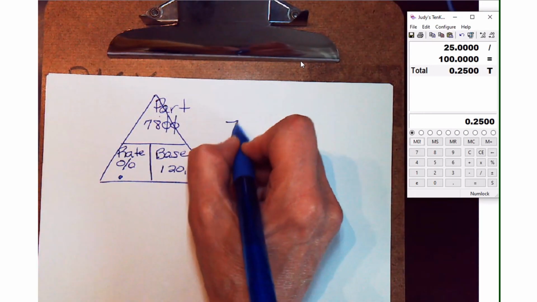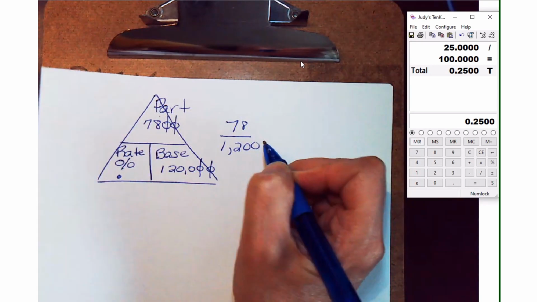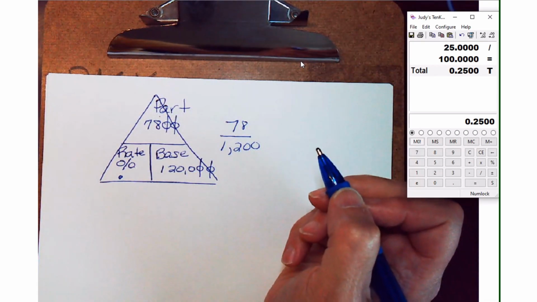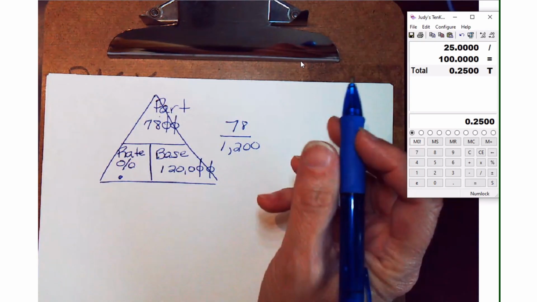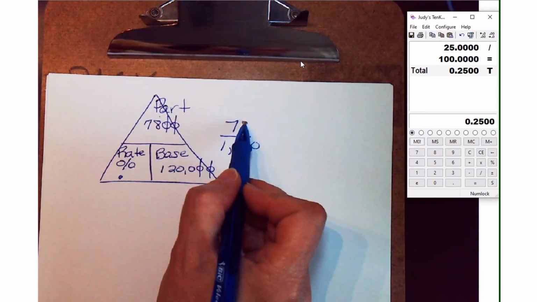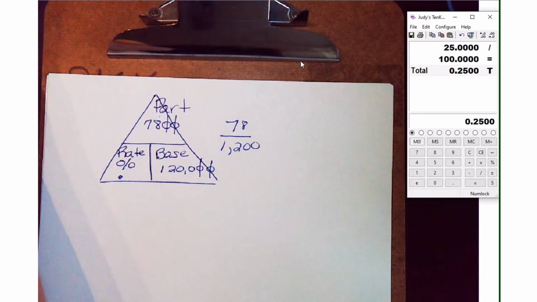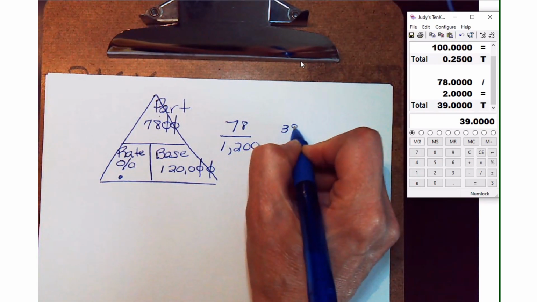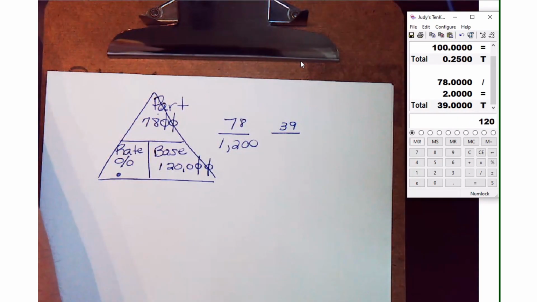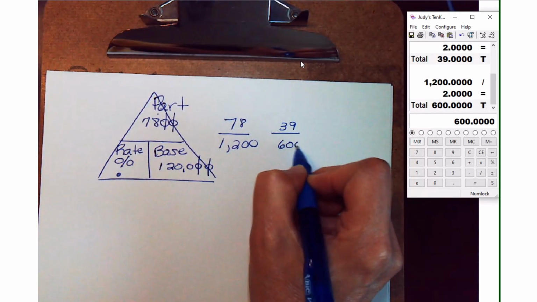So now we have 78 over 1,200, and we can reduce this to lower terms. Because this is an even number and this is an even number, I know at least 2 will go into it. So I can take 78 divided by 2 and get 39. 1,200 divided by 2 is 600.